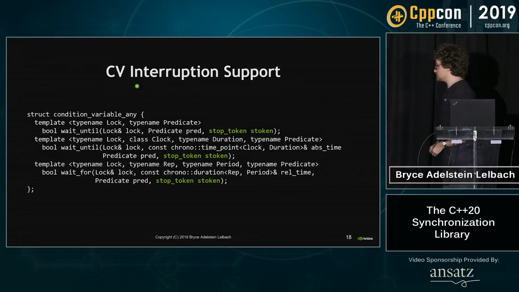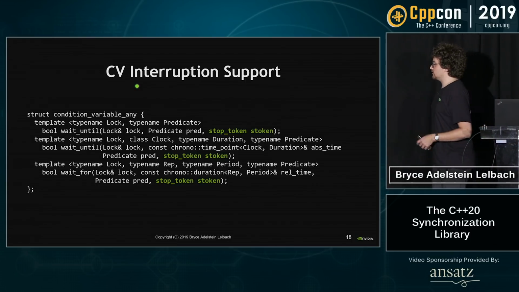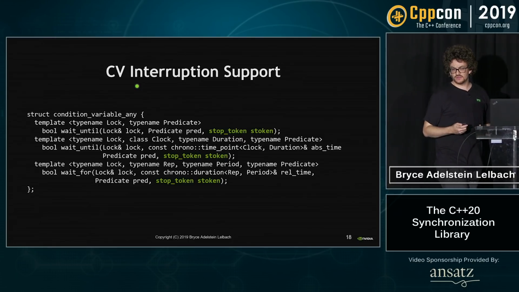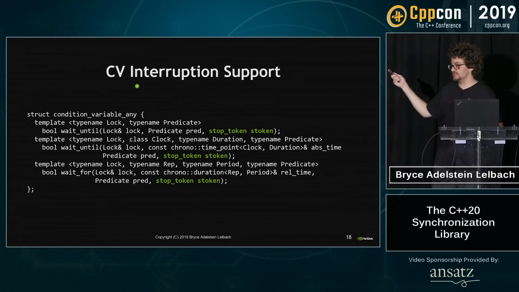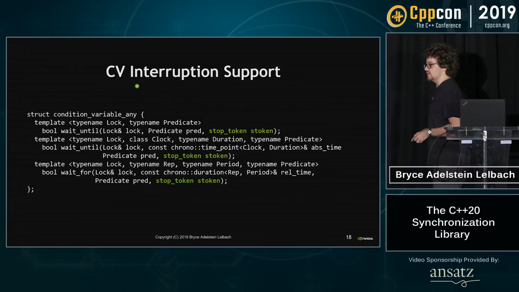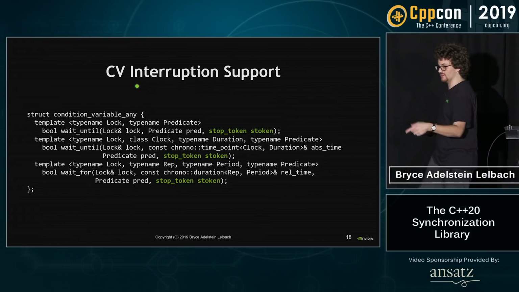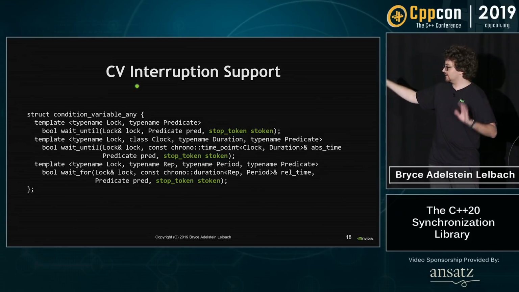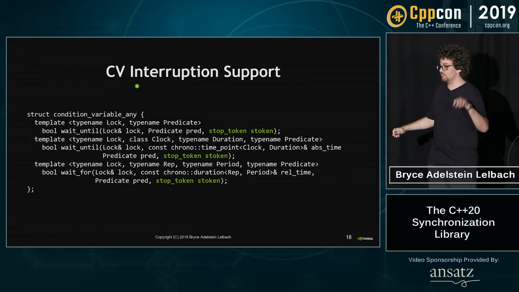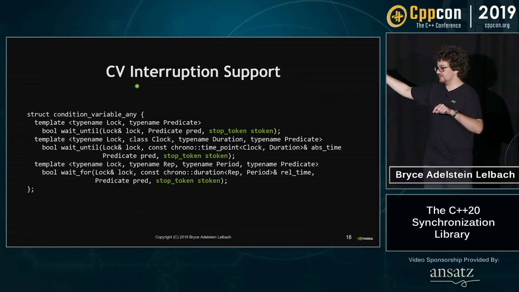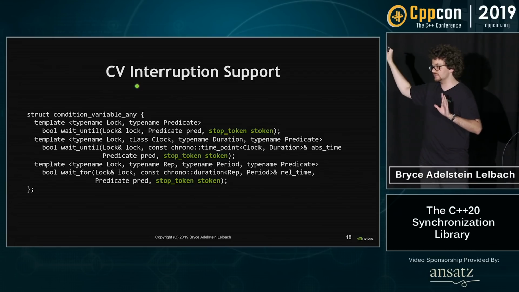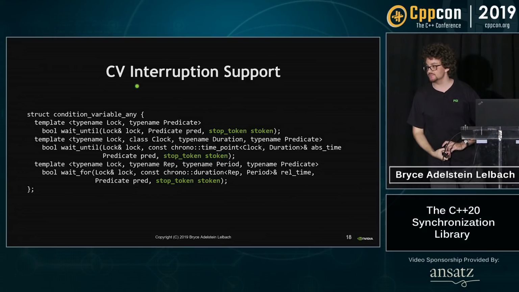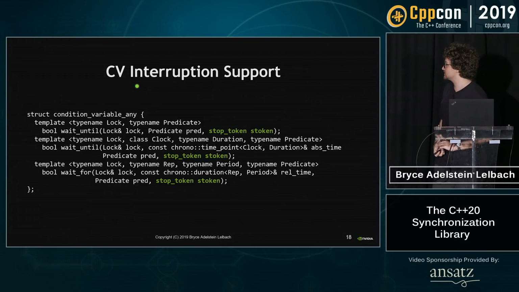This is quite useful because usually with these hand-rolled interruption mechanisms like the std atomic one that I showed you before, you have to actively poll on the thing. With this interface, you can just tell the underlying system API, hey, I want to wait until this condition happens or until I receive an interruption request, and your platform can do something more optimal than just polling if it has that option available to it.